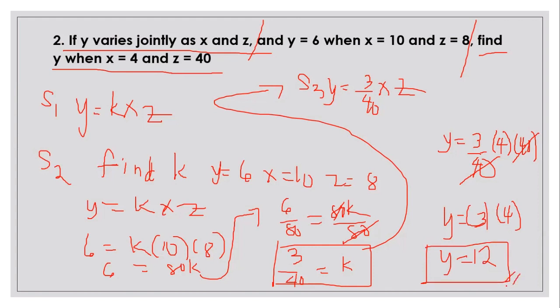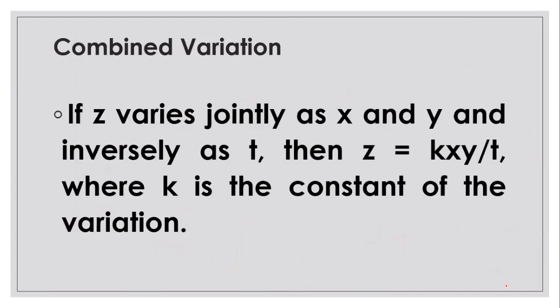Did you get it? Okay, thank you. Let's have the combined variation. If z varies jointly as x and y and inversely as t, then z is equal to kxy over t, where k is the constant of the variation.